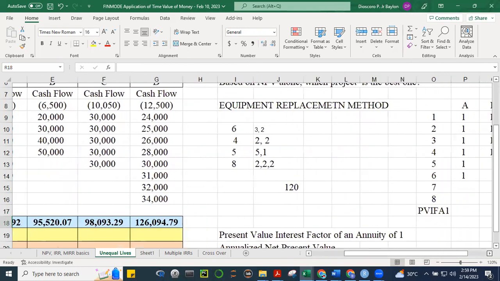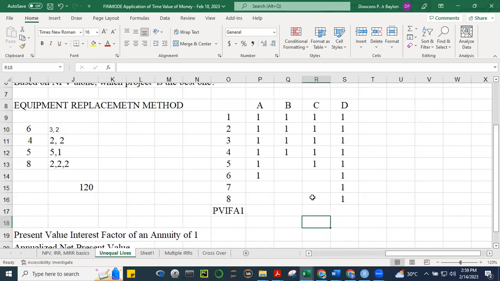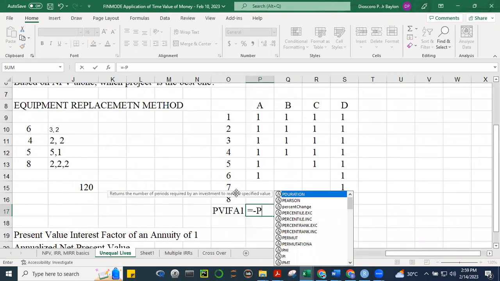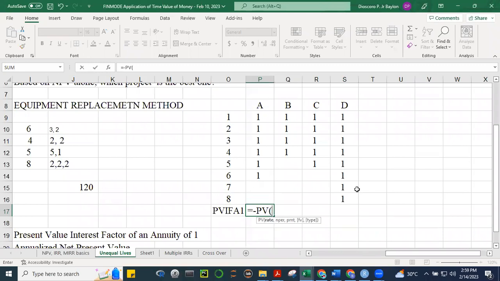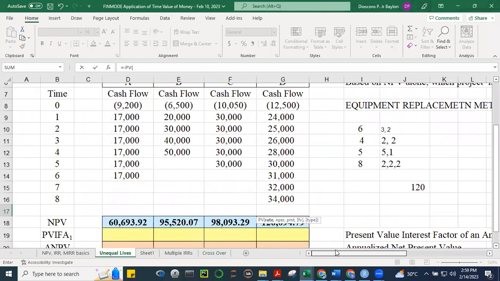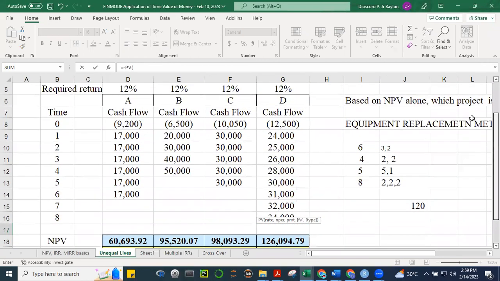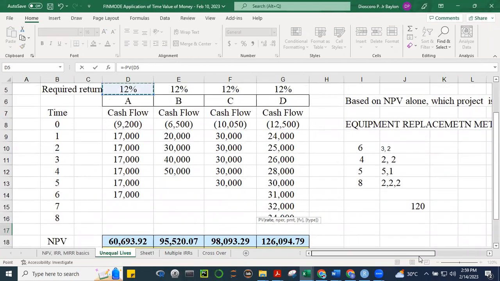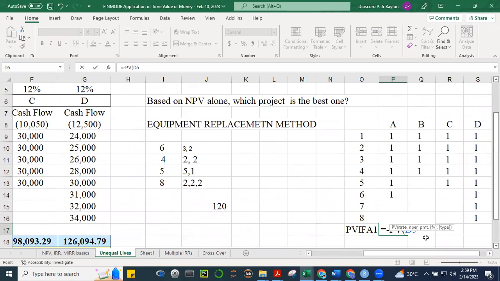Okay? We can get it here or we can get it directly dito. Sige, gawin muna natin dito. Okay, so what's the present value of this annuity? So, kukunin natin si negative PV. Okay, what's the rate? Ang rate is 12%. Diba? So, we'll be copying that to the right. PV.